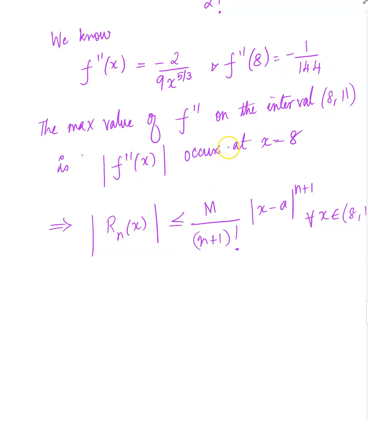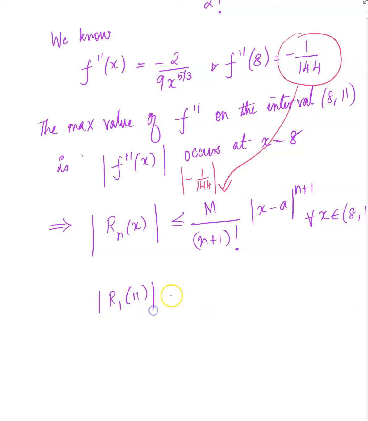And with this, M is actually positive 1 over 144 because you take the absolute value. So in the next step, I'm going to plug them all in.